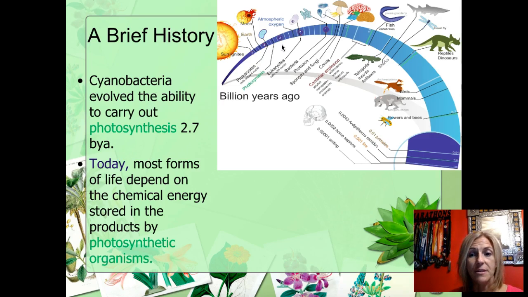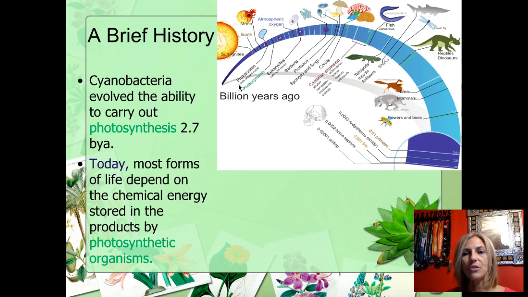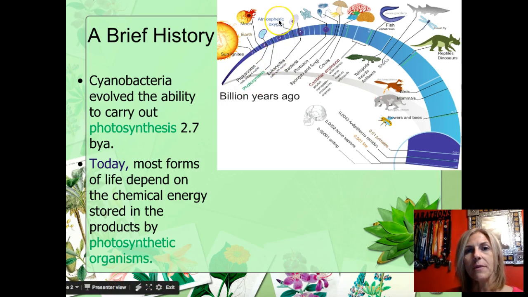We talked about the endosymbiotic theory. Perhaps those facultative anaerobes engulfed some photosynthesizing bacteria or some aerobic bacteria and were able to utilize the oxygen, or they were able to make their own food. So oxygen begins to accumulate sometime between 2 and 3 billion years ago.